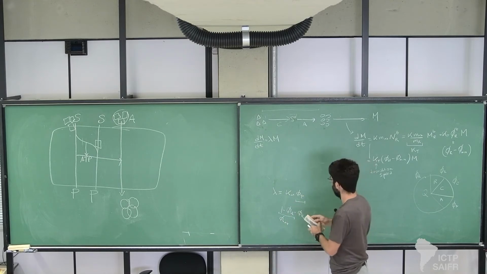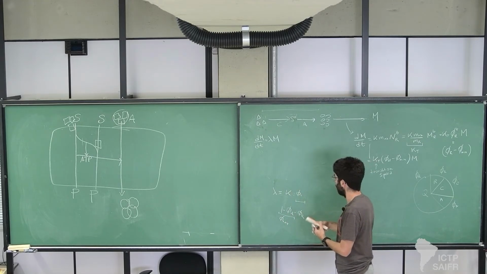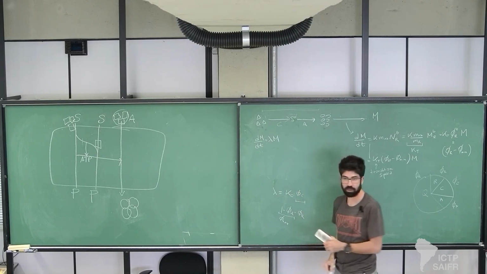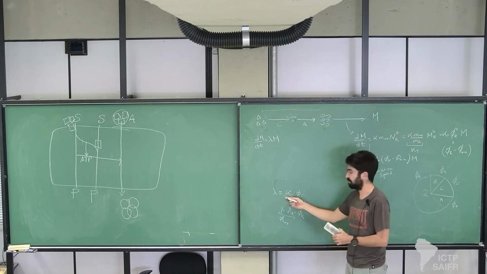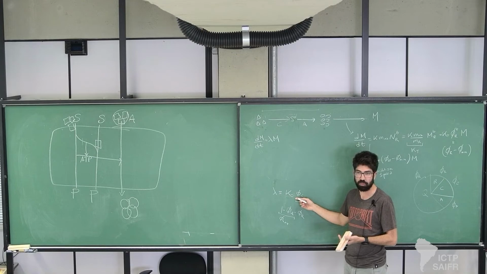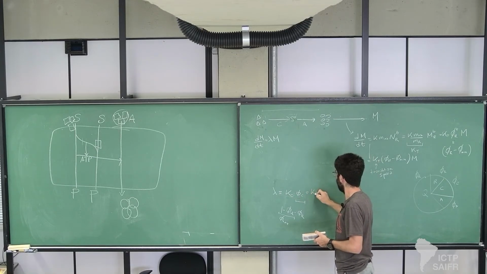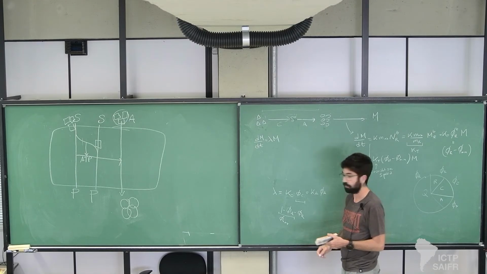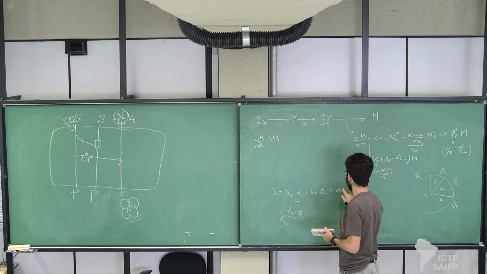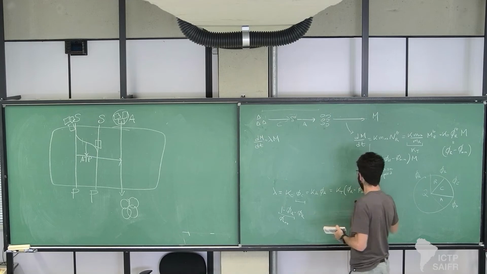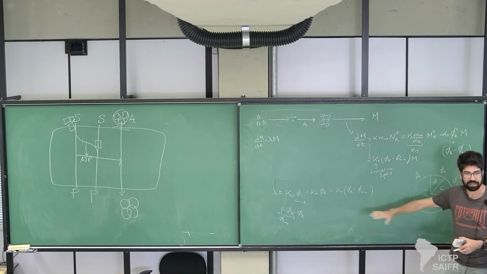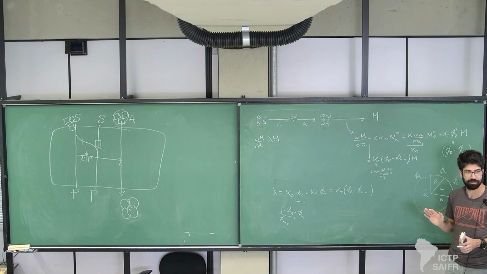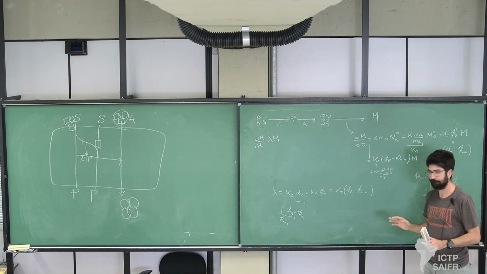So I have here just Kc phi C. This is expressed per unit of resource input, and then I have Ka phi A. And then again I have, as before, Kt phi R minus phi min. Exactly the same things as before.